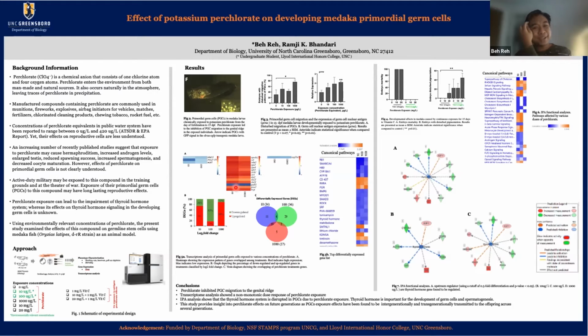And we also found that perchlorate does reduce thyroid hormone, as shown in a canonical pathway right here. And these are the thyroid hormone genes that were upregulated or deregulated.